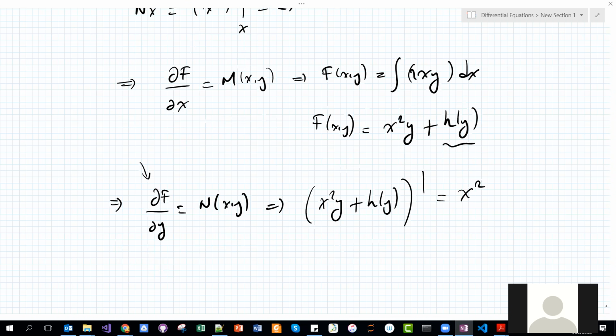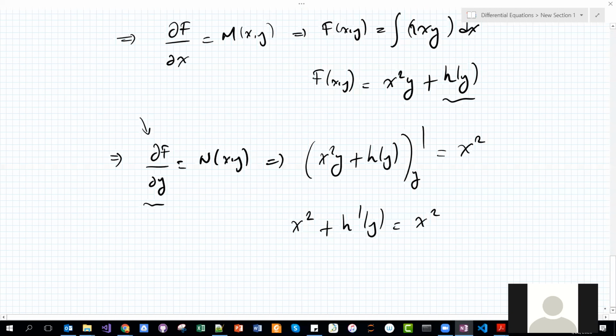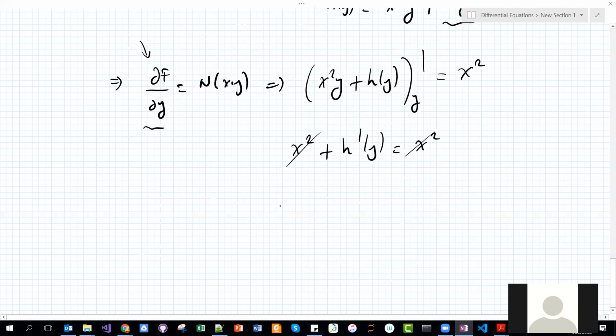You always make mistakes. So when I take the derivative of x squared y with respect to y, this is going to be equal to x squared plus h prime of y. It should be equal to x squared. So x squared will go away, and h prime of y will be equal to 0.